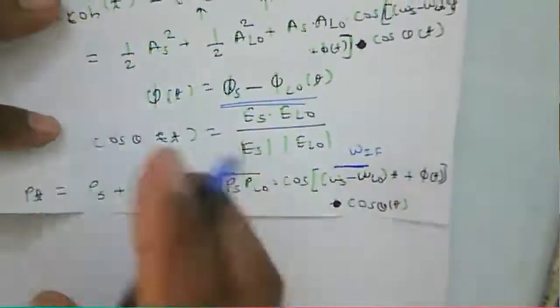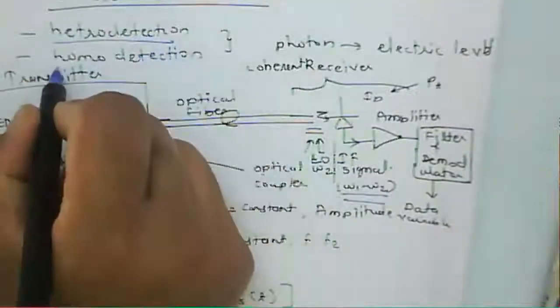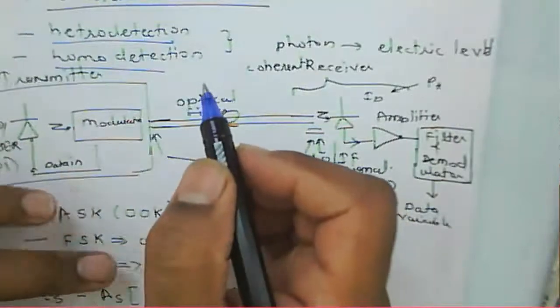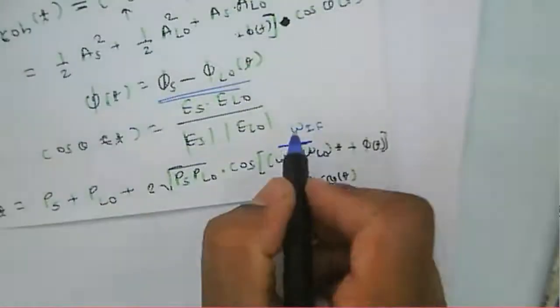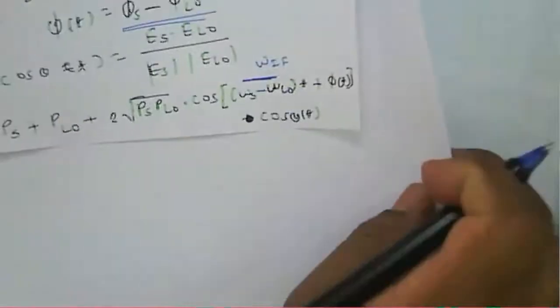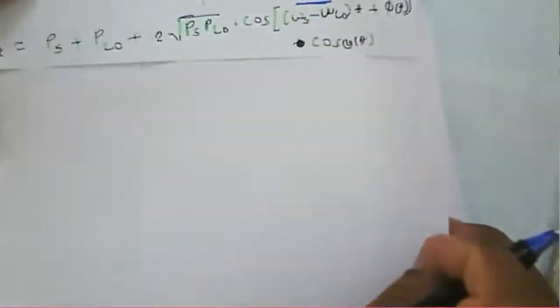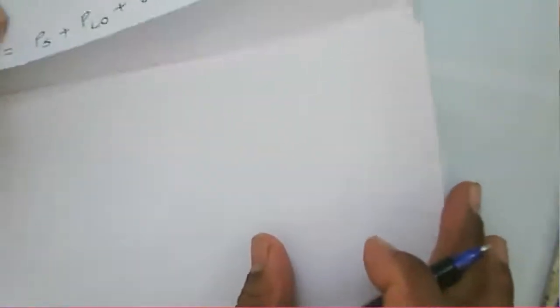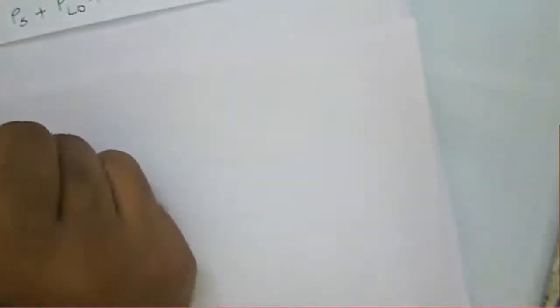Now, we have heterodyne detection and homodyne detection. In the case of homodyne detection, what happens here? The signal carrier frequency and the local carrier frequency are the same.